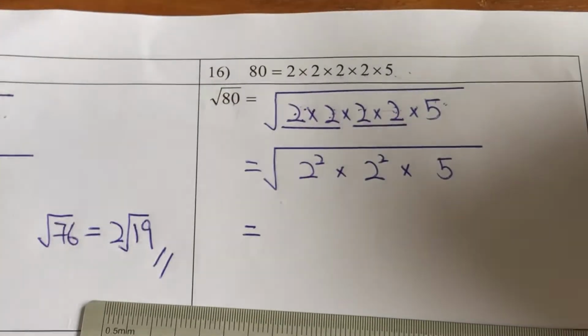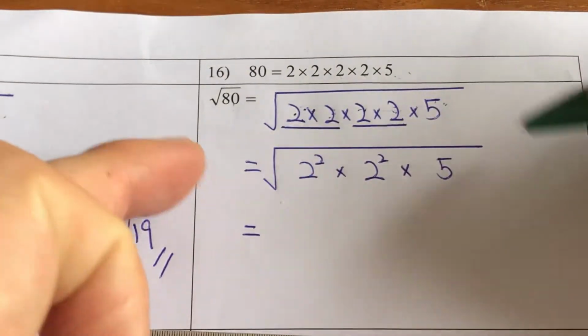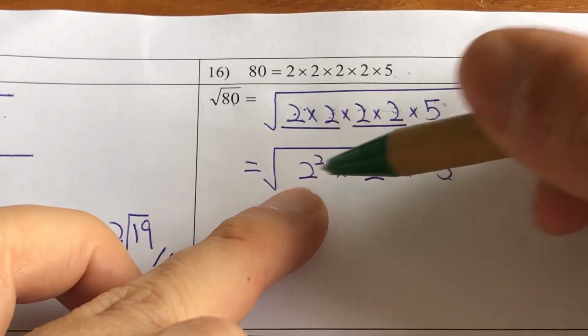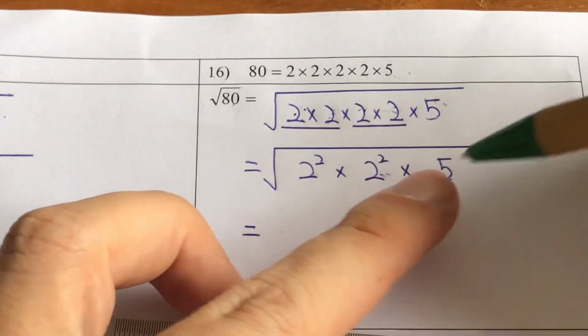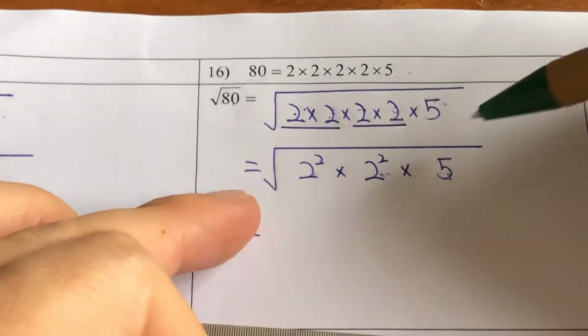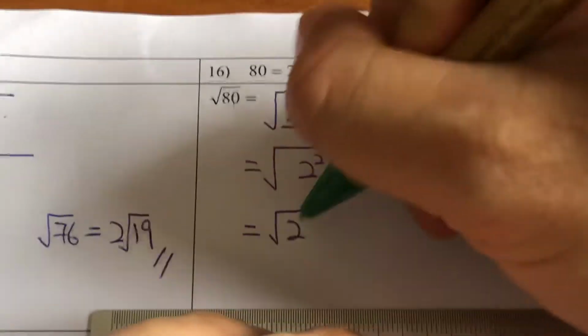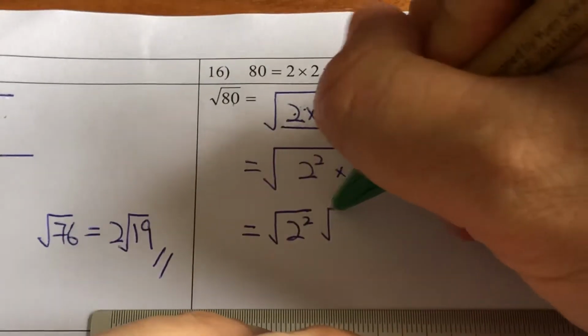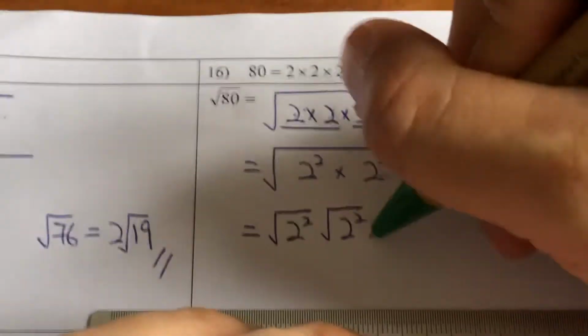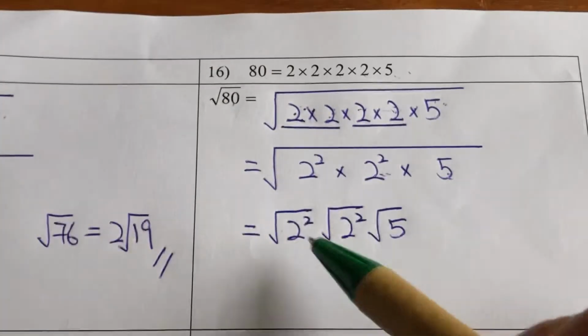Okay? So next, you're going to separate them. These 3, the first, the second, and the third, they all have the square root. So you have to give the square root to everyone: square root of 2 to the power of 2, and then square root of 2 to the power of 2, and then square root of 5. Okay? Just separate them.